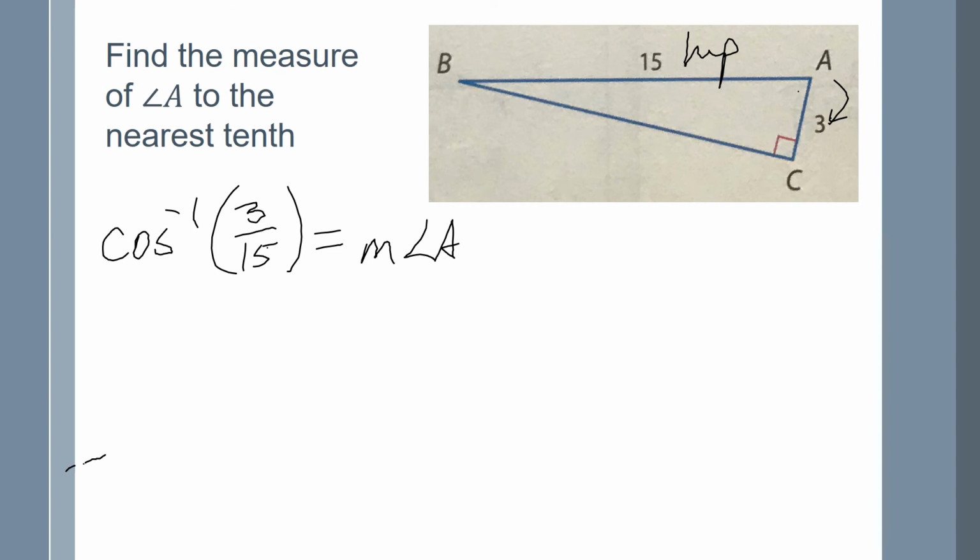I don't even have to simplify it. I just have to plug it in and the calculator does the work. And I find out that the measure of angle A is approximately 78.463, so we'll say 78.5.